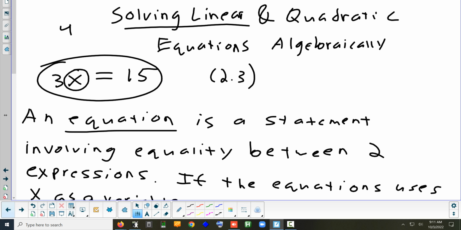No, but it could be rewritten to fit the pattern I just said. 3x minus 15 equals 0. Would you do that to solve it? No, probably not. But the point is, if you can write it so it's a number times x, plus or minus just a number, equal to 0, then that fits the pattern of what we call linear.